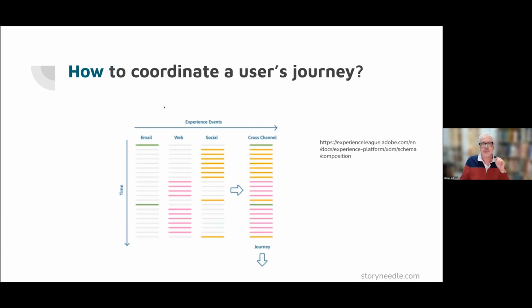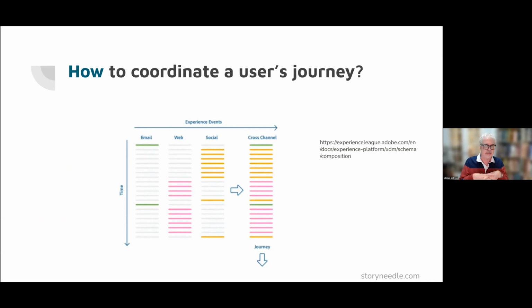So it's really getting at this idea of coordinating the user journey. We know that users are moving across time and are often moving across channels. So they're hopping from one channel to another at different points in time. And this graphic here comes from Adobe. They're trying to illustrate this idea of that coordination of the user journey.